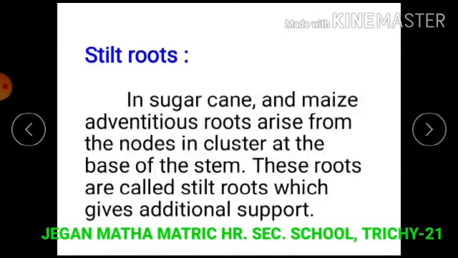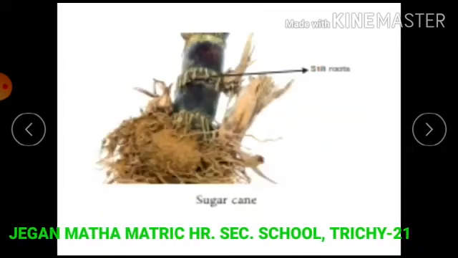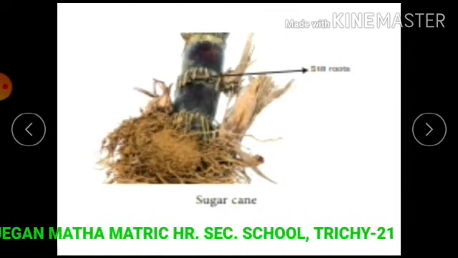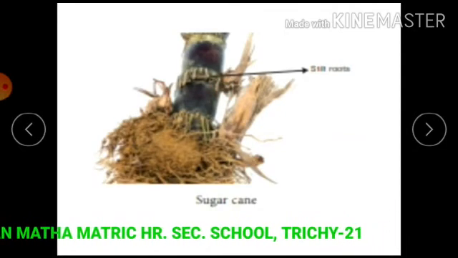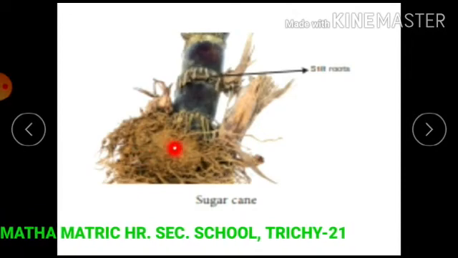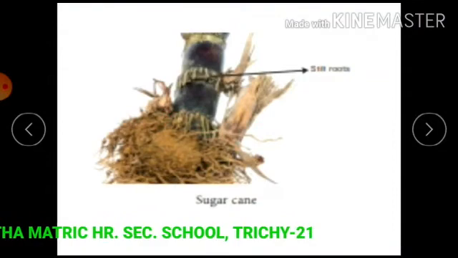Stilt roots. In sugarcane and maize, fibrous roots arise from the nodes in the cluster at the base of the stem.